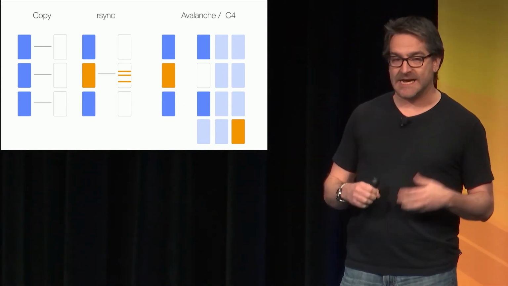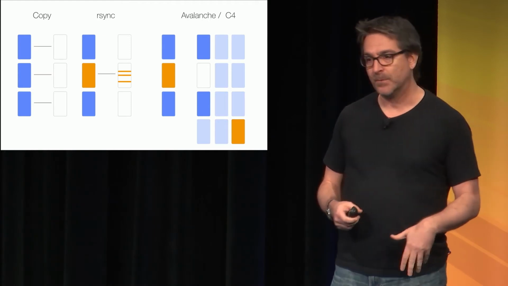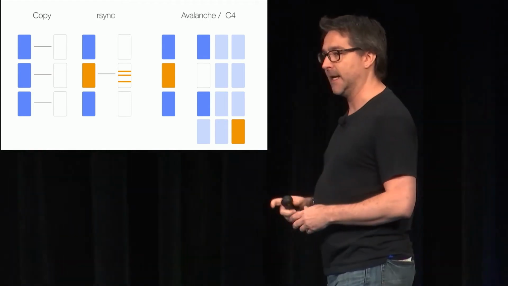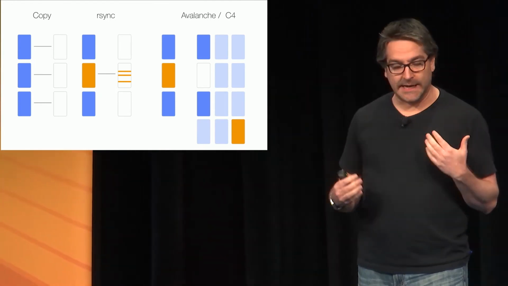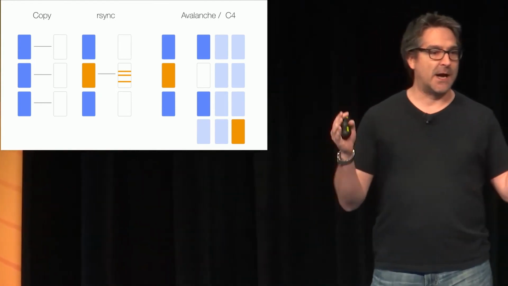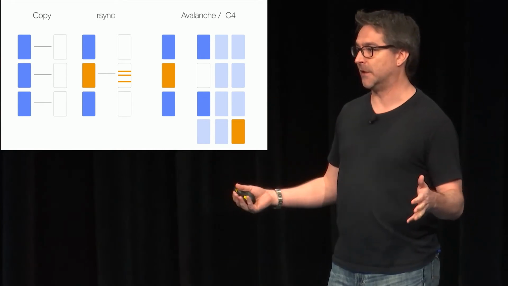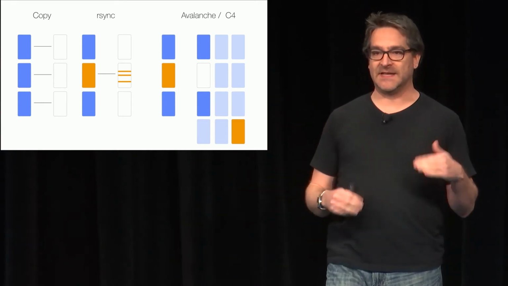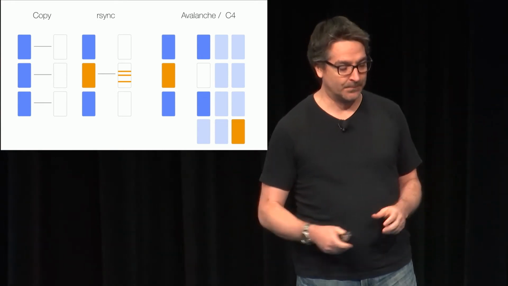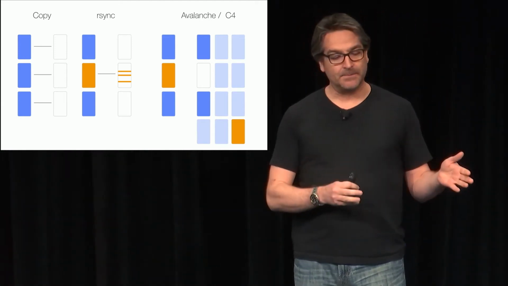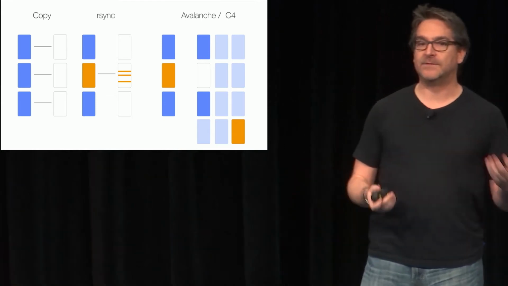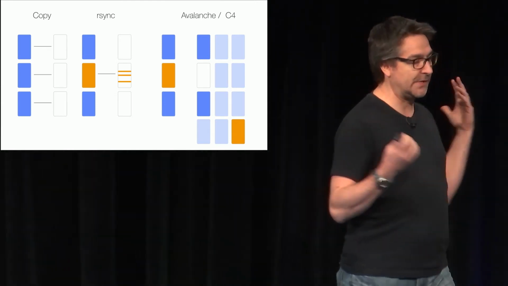So C4 can actually outperform rsync, because rsync is fantastic and it's got some really incredible engineering in it. But what it does is it considers, amongst the files you've asked it to transfer, what is the minimum set of things that it can transfer across the wire, give or take compression and some other features. So if you have a straight copy, you know how that works.